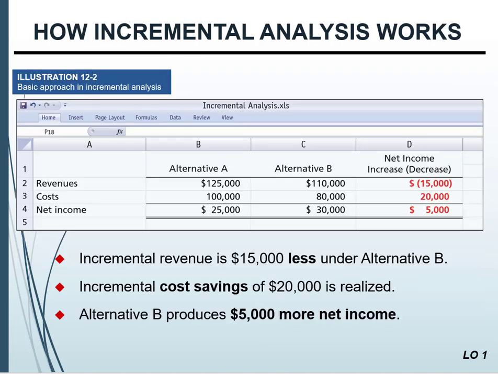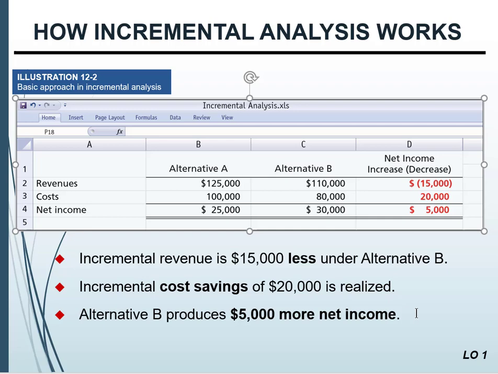So how incremental analysis works is essentially shown here in this illustration. We have alternative A. Revenues are 125,000, costs are 100,000. In B, revenues are 110 and costs are 80. So how do you find out the differences?